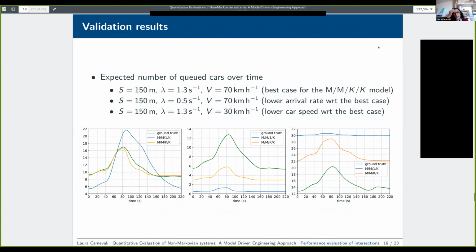Here we have some plots that show the general trend that we have.